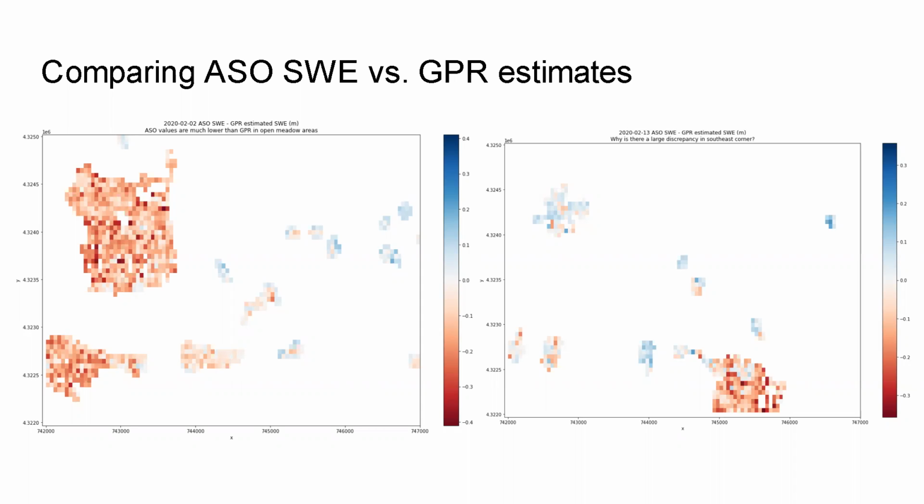And we can see here from the two different date ranges, early February, we've got much lower values for the ASO SWE than the GPR over in the western areas where there's a lot of open meadows. And then for the second flight and the later GPR samples, we were seeing this discrepancy in the southeast corner. So that's something we'd like to investigate further.